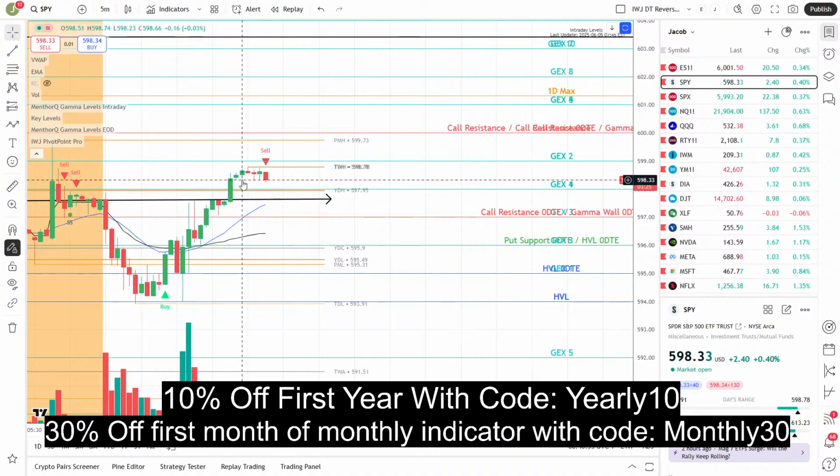All right, if they can break down below that low right there, that should lead them back down to test the breakout at least here at 597.64.